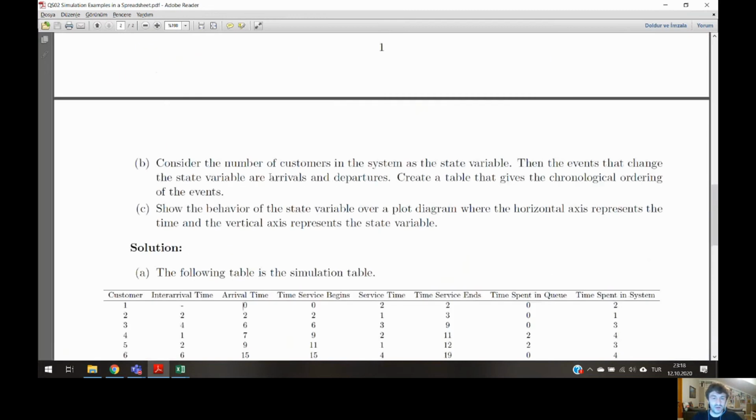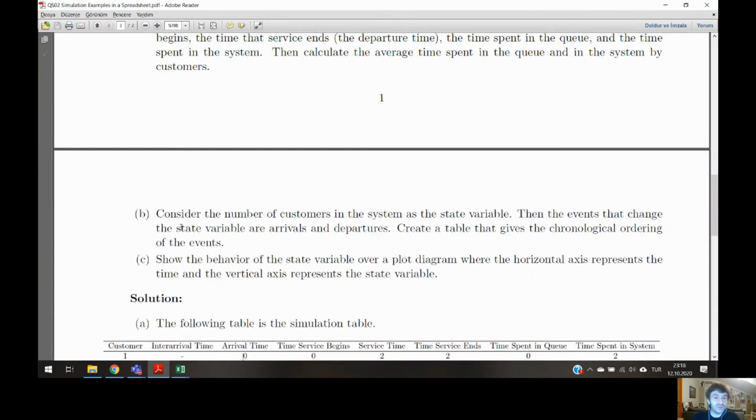Now, the second part of this question asks us to consider the number of customers in the system as a state variable, which means when we take a snapshot of the system at any minute, and we are working in minutes in this example, I can basically count the number of customers inside that system.